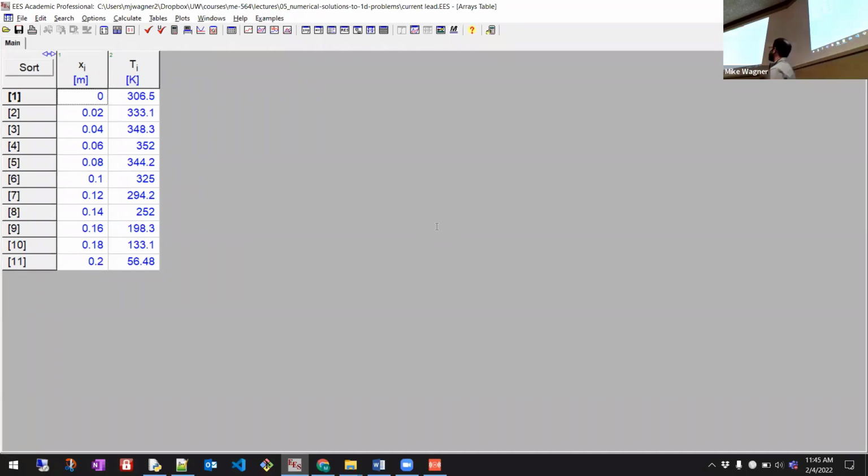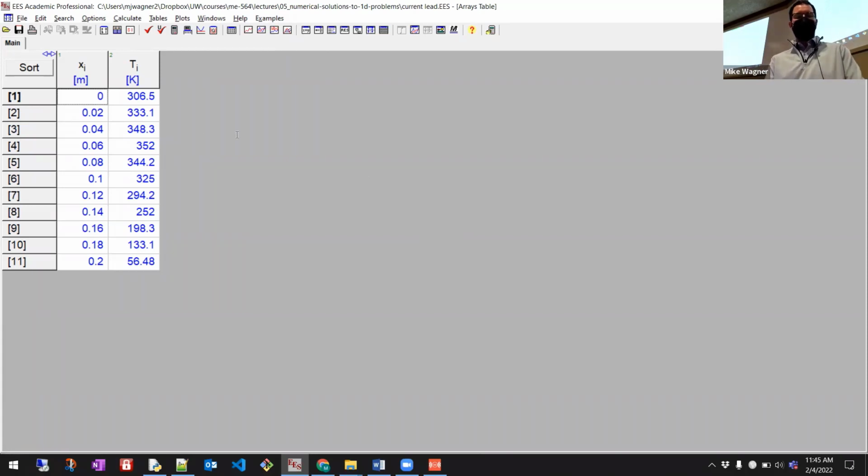Now we can see X, the temperature at any position X. Just staring at the numbers, it makes sense: the temperatures are between the hot and cold temperatures we specified, decreasing as a function of position, going from X at 0 on the hot side to something much colder at the bottom.